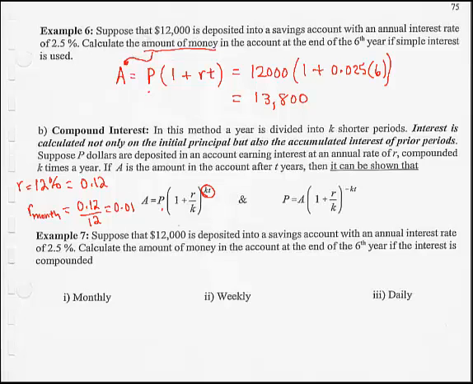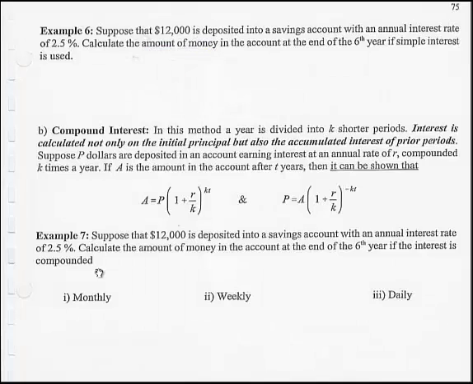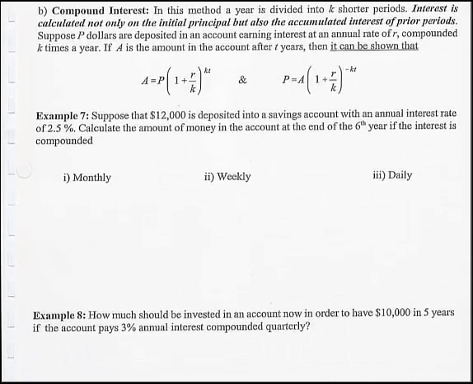So let's actually use these formulas that we're given. Monthly, K equals 12. Weekly, there's 52 weeks in a year, so K equals 52.